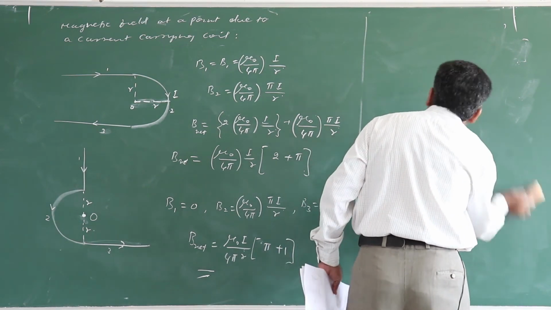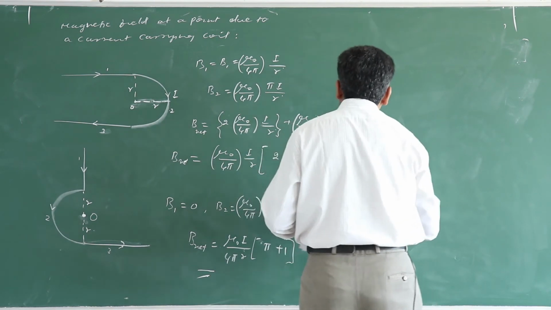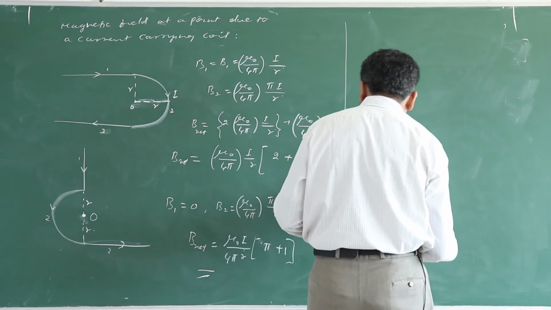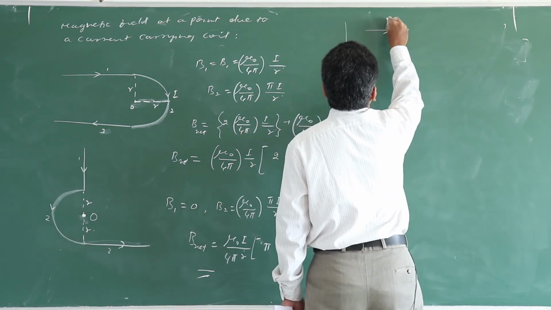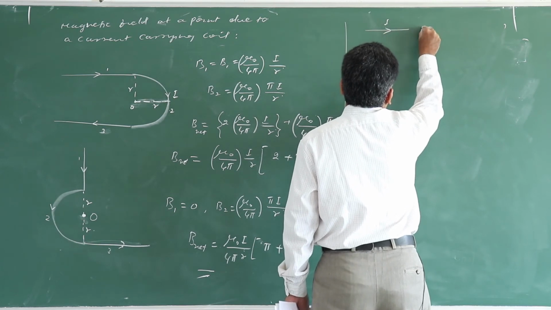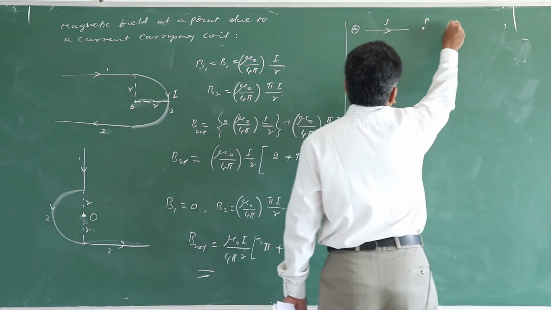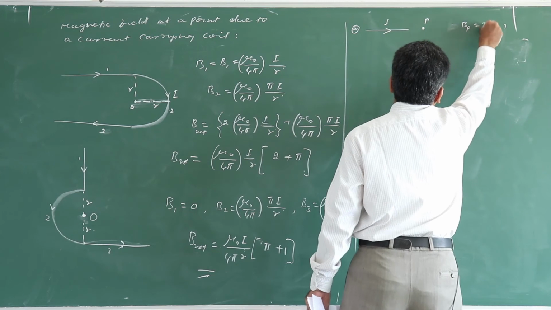Let me consider the case wherein net magnetic field is 0. Suppose there is a current carrying conductor and a point P, net magnetic field at P is 0.